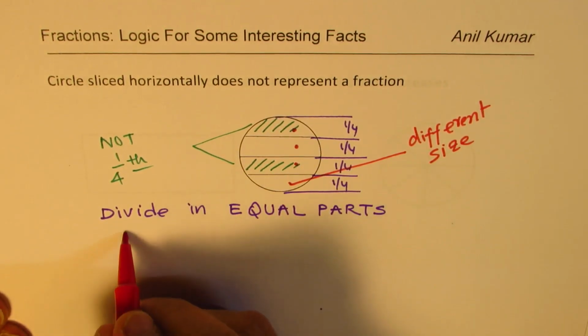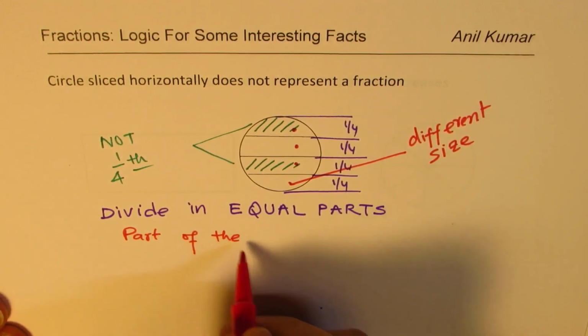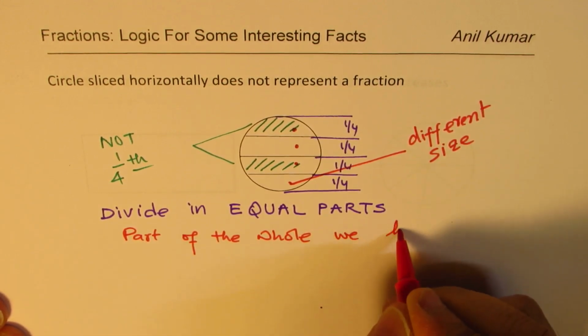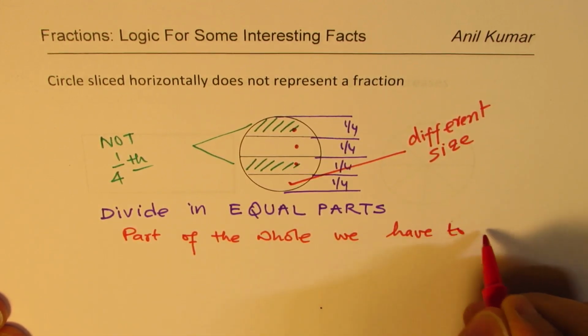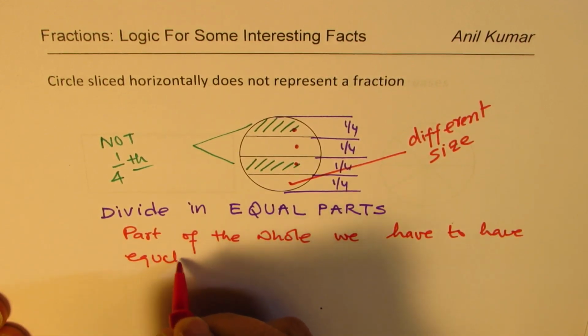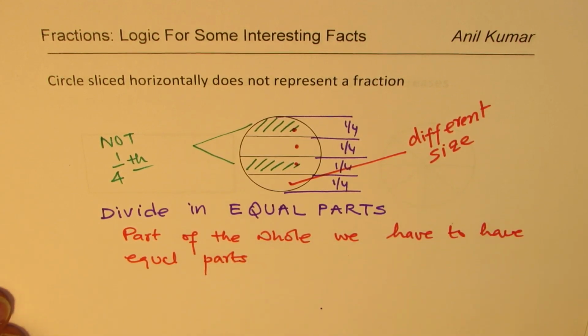So to make it part of the whole, we have to have equal parts, right? That is important. So as you can clearly see here, since they are not equal parts, these cannot represent a fraction.